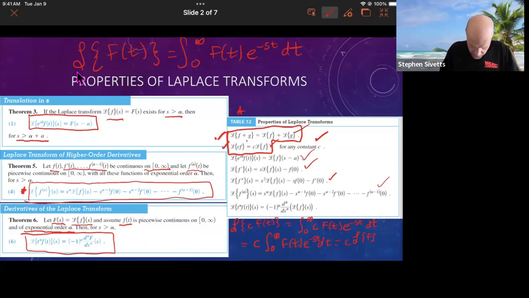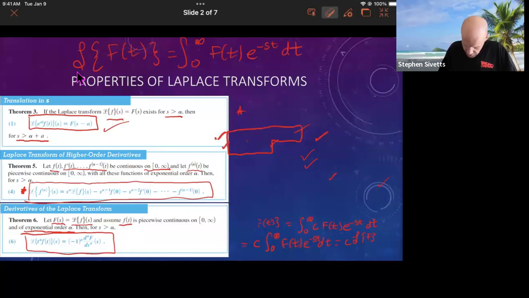The shifting property refers to this theorem here. The next three properties have to do with derivatives of functions of f.